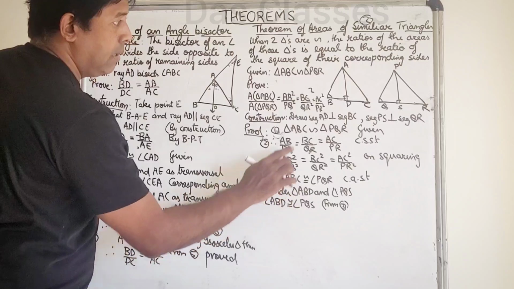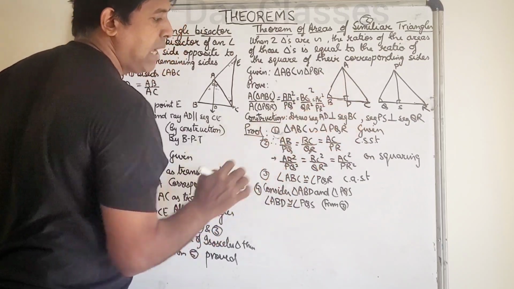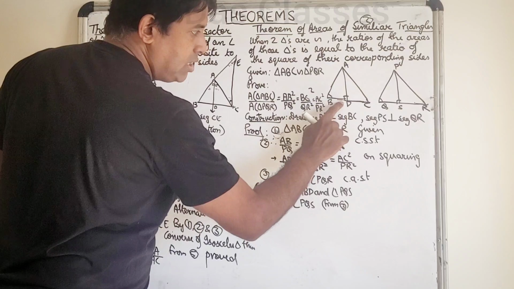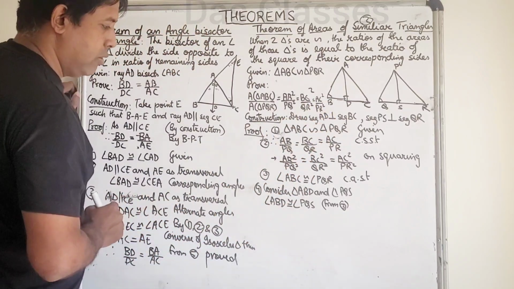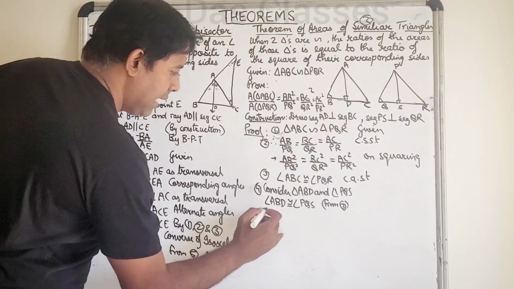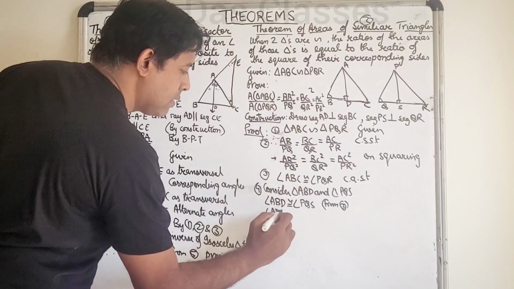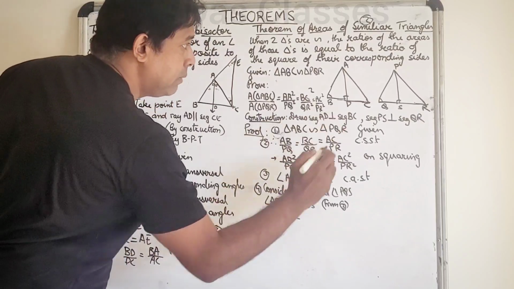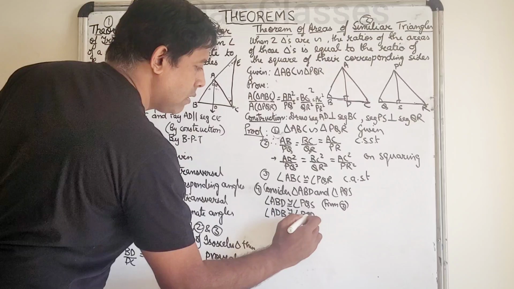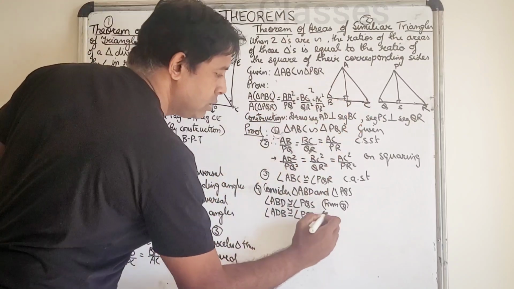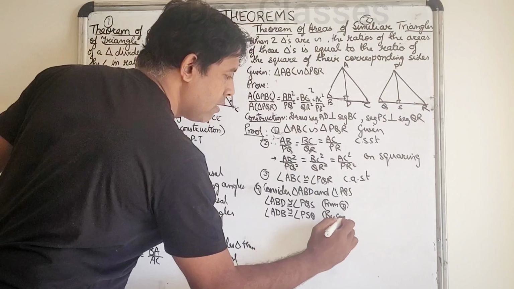See, ABC and ABD is the same angle with different names. You call it ABC or angle ABD, it's one and the same thing. Okay, so that's the first thing. And angle ADB is congruent to angle PSQ. By construction, we constructed two perpendiculars.